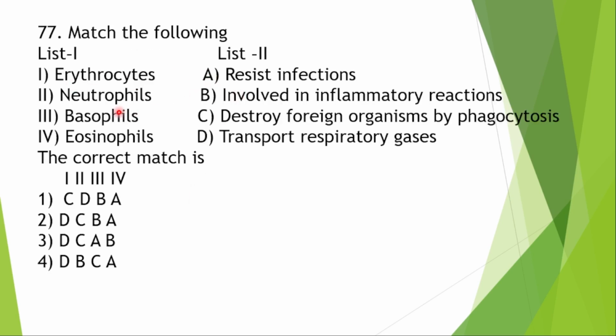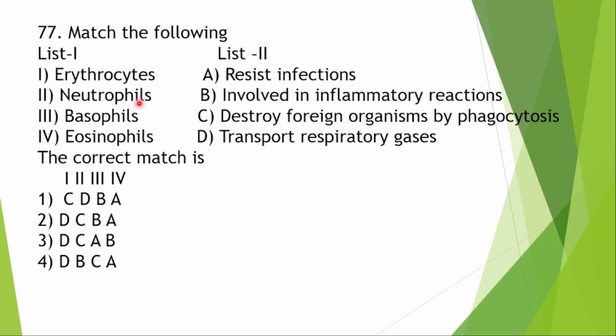77. Match the following, that is column 1 with column 2. List 1 is given and then list 2 is there. First one, erythrocytes, is for transport of respiratory gases. Neutrophils is for C, that is destroy foreign organisms by phagocytosis.